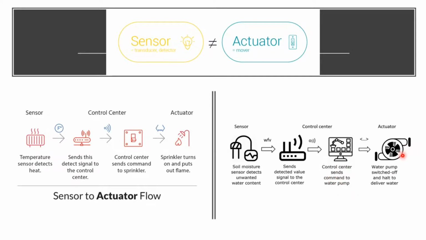As you can see, in both cases you have an actuator which is very mechanical. Here also you have an actuator, a water pump, which is very mechanical, even though it is working from electrical energy. It's a moving system. This is also a moving system. That's why we basically say an actuator is a mover.